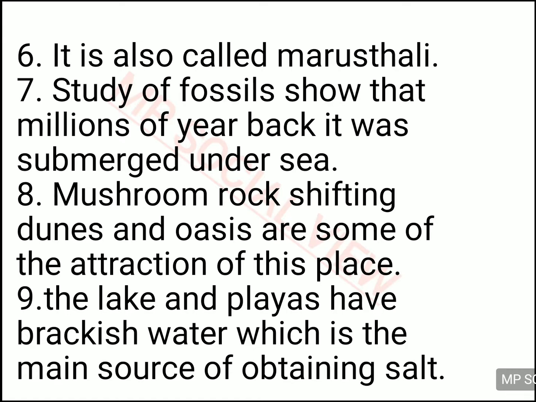So the next feature of the Rajasthan desert is that it has many mushroom shaped rocks, and many types of dunes of different shapes and sizes. One is crescent shaped, and in other shapes and forms also the sand dunes are formed there. And an oasis is actually a source of fresh water.